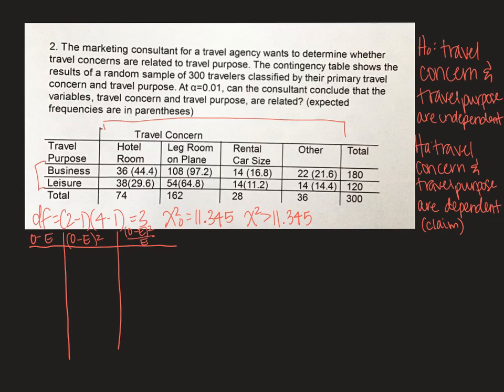So it doesn't matter what order you go in, because it's going to be the same either way. So you can go up and down the columns, or you can go across the rows. That really makes zero difference at all. So 36 minus 44.4 is negative 8.4. And I'm going to go ahead and just square it and divide by my expected values all at the same time. So if I square that, I get 70.56.